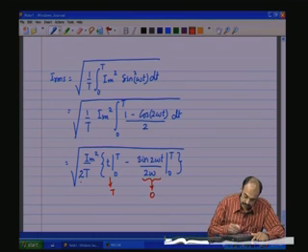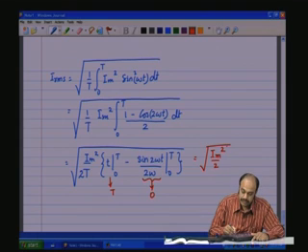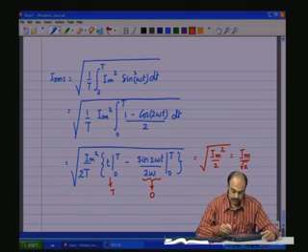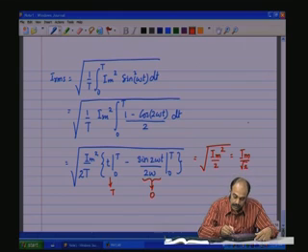Then T and T cancel, which gives you Im square by 2. This inner one is I RMS square. If you take the root of it, it will be Im by root 2. So, even if we come from the integration side, we end up with Im by root 2, and that is your I RMS value.